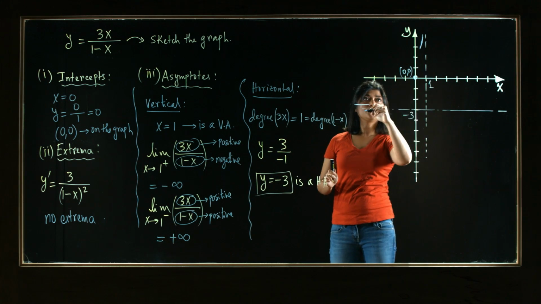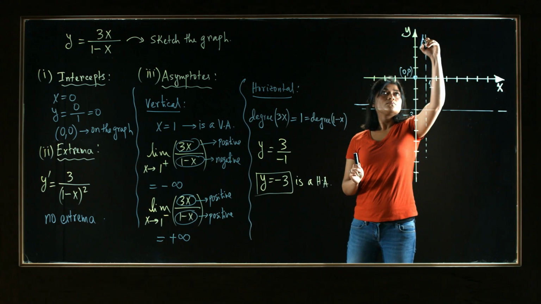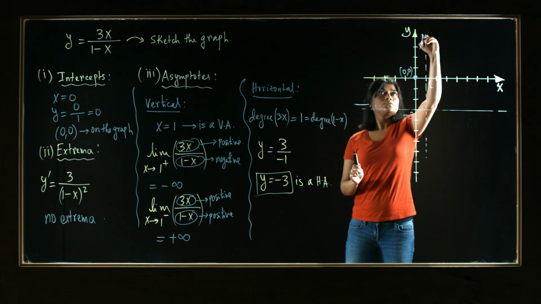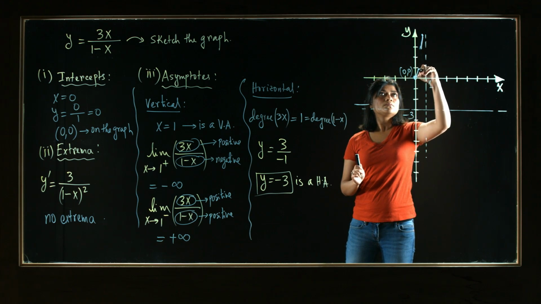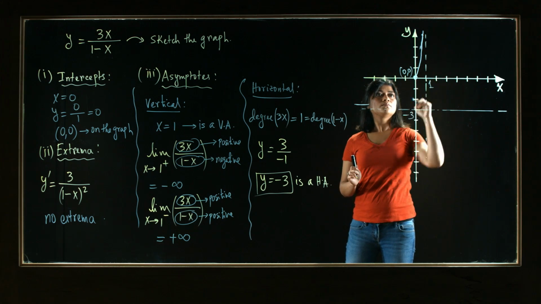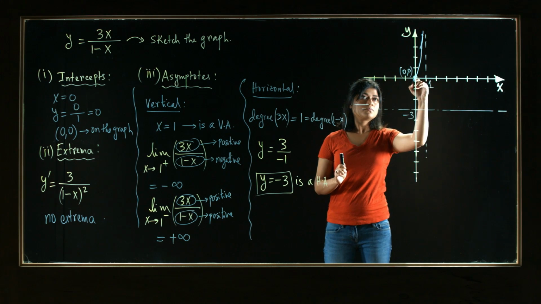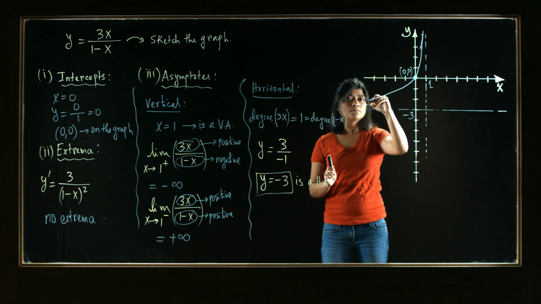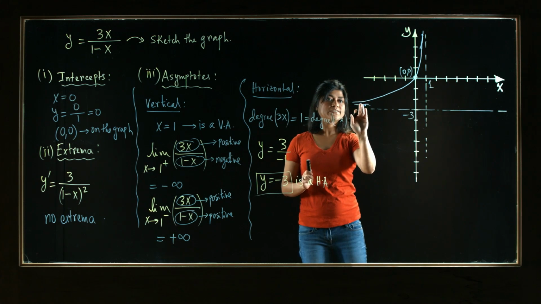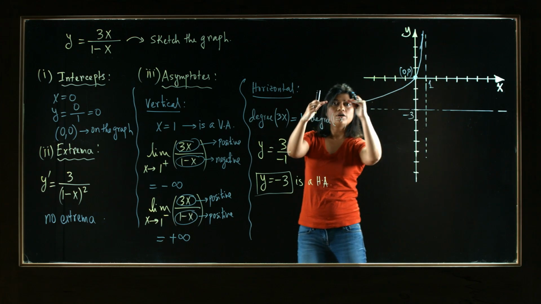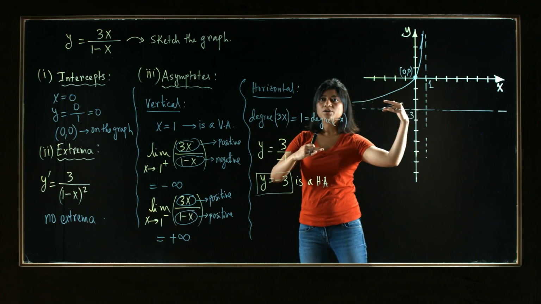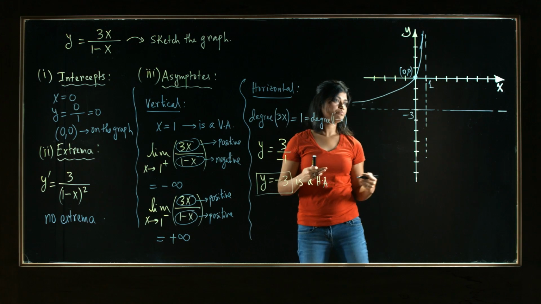So we can join these two parts to get a rough sketch of the function. As the function goes on and on, it will get closer and closer to the line y equals negative 3.